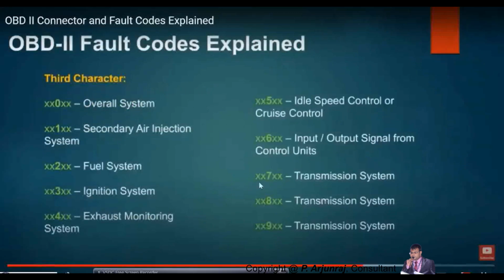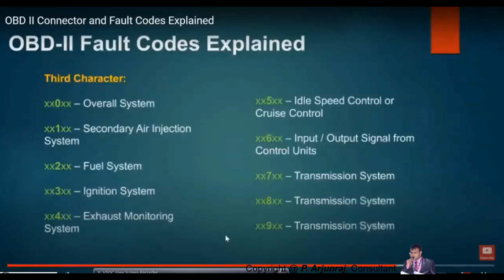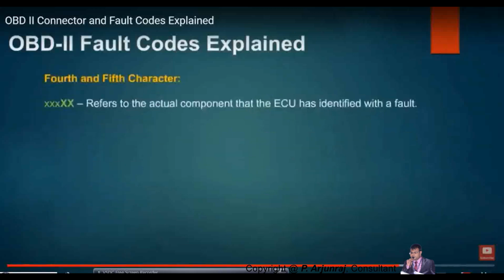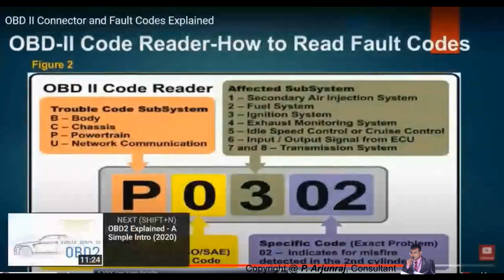You basically have 5 characters, and each character has a different indication. The first character can be the manufacturing thing, the next character can be the system point of view, and the fourth and fifth characters can be with respect to the component for the specific code.